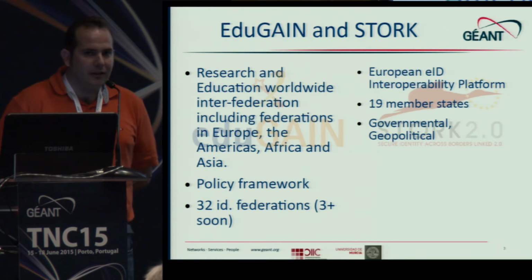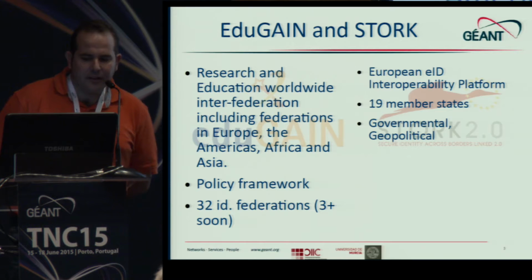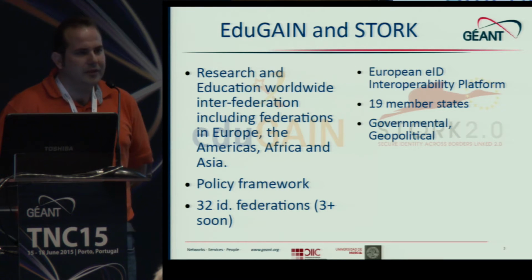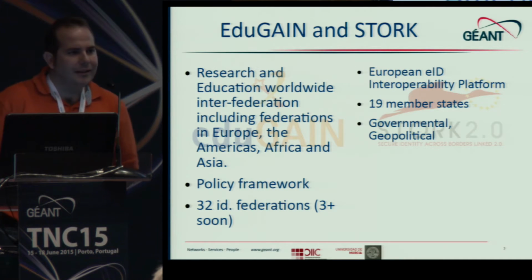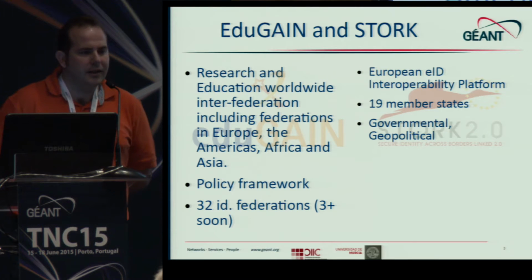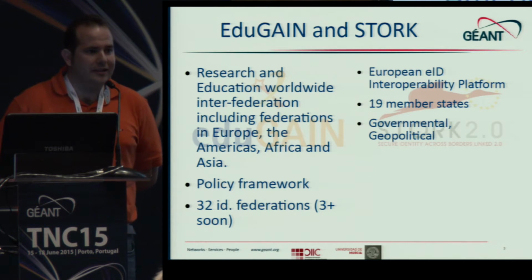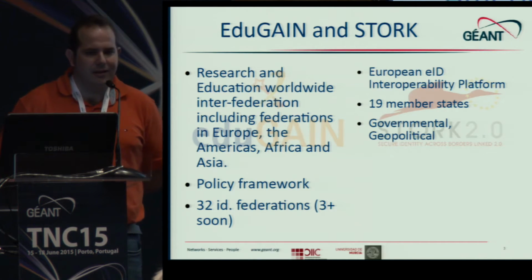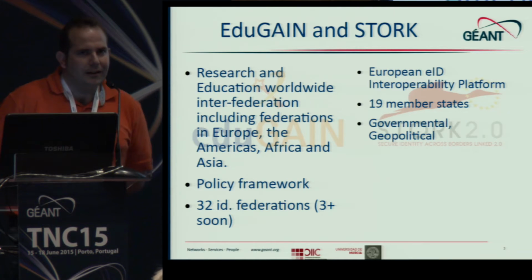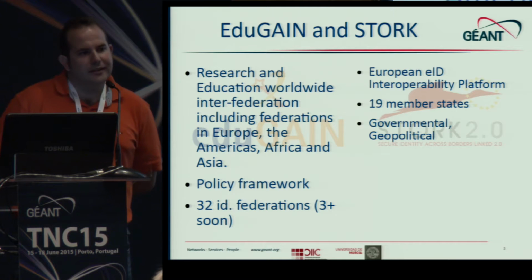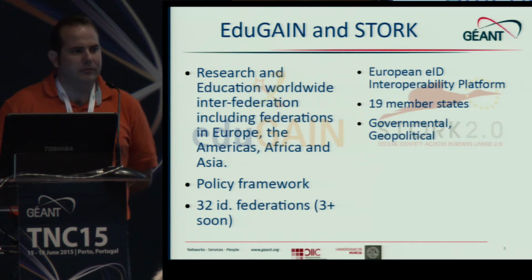And it's governmental and geopolitical. What we mean with this is that the governments support it and manage it. And geopolitical because it really depends on the localization of the countries, right? And it uses not only where you are or where you want to access, but also where you come from, right?